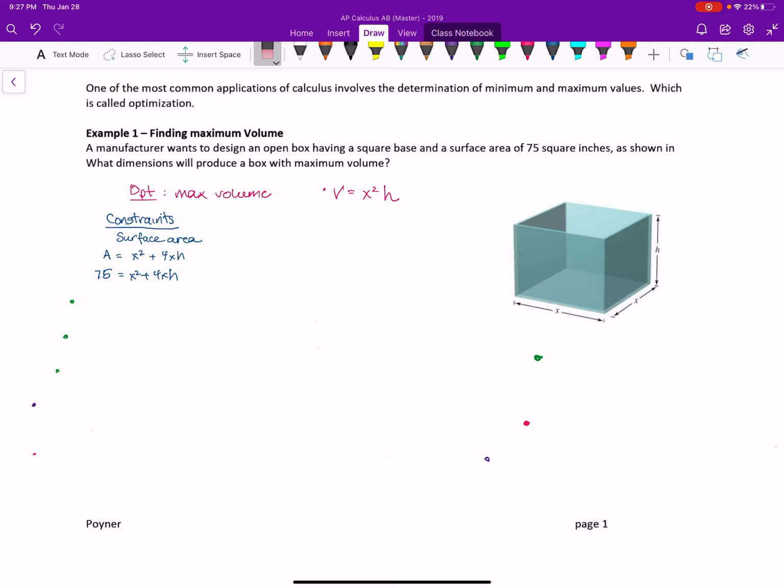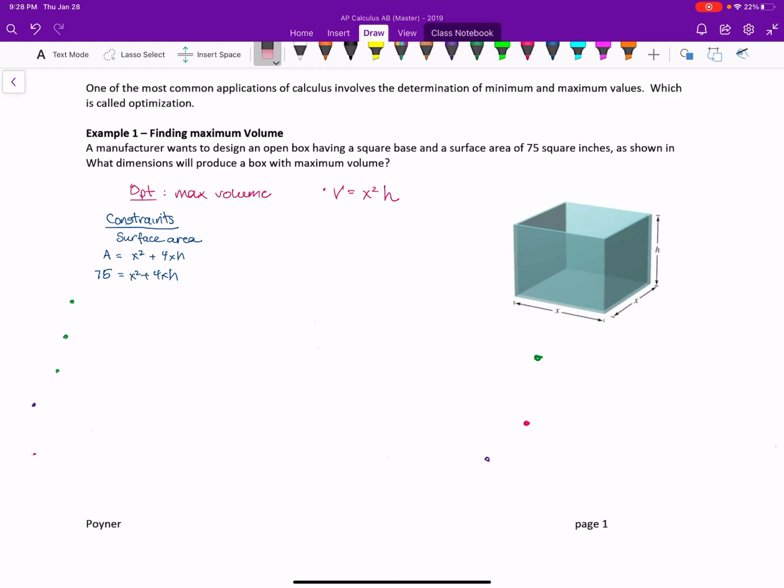You take the area of the base, which is only one because it's open at the top, right? And I know that that's going to be 75. So the area of the base was x squared, and then it has four lateral surfaces: the front, the back, and the two sides. And each of those is x by h.